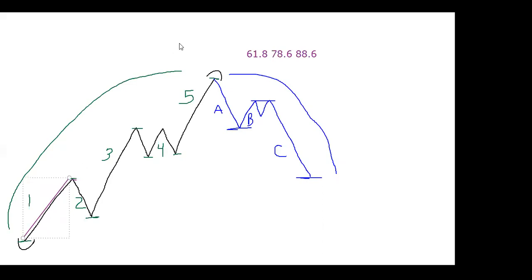And when we do that, we get a few different lines that populate, going over like this. Sorry about my squiggles. And more times than not, our entry is in between the 61.8 and the 88.6.